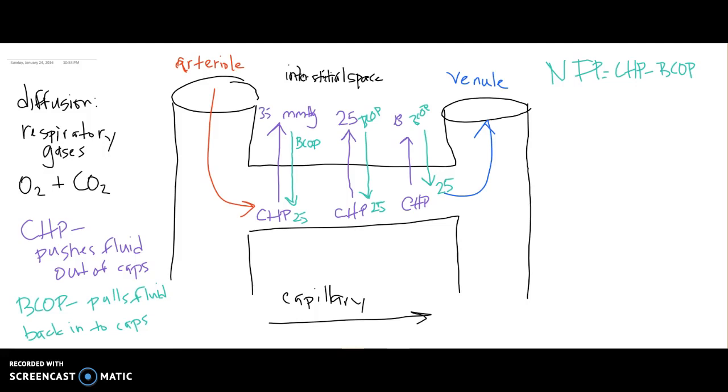At the arterial end, where blood is coming in, the CHP is 35 and the BCOP is 25, which means the NFP is plus 10. If it is positive, that means fluid is moving out.